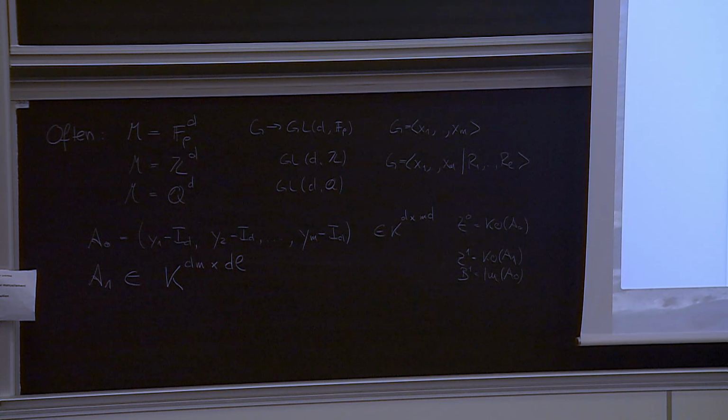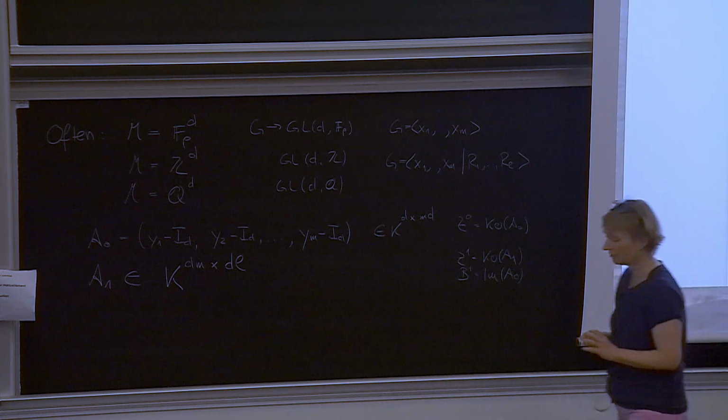So Z1 sits inside k to the dm, kernel of A1. B1 sits inside k to the dm, image of A0. H1 then corresponds to the quotient space of the two objects. And, well, it doesn't really matter. You can do it over a vector space or over the integers.